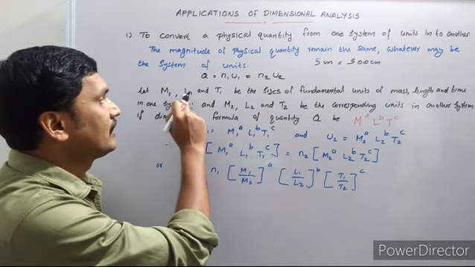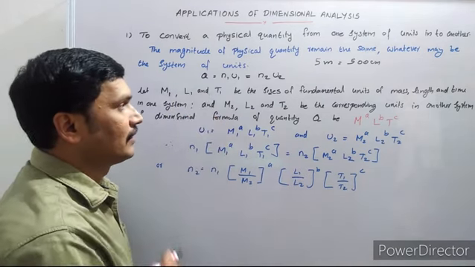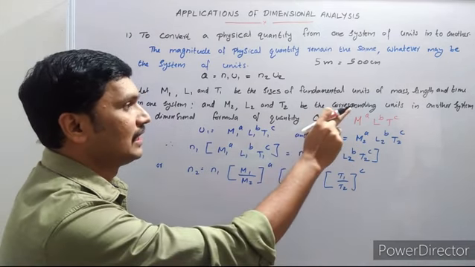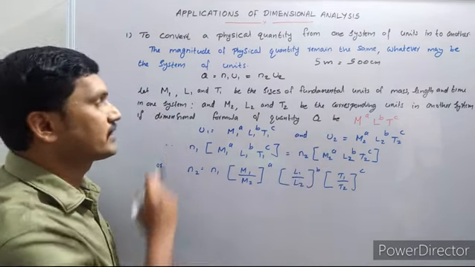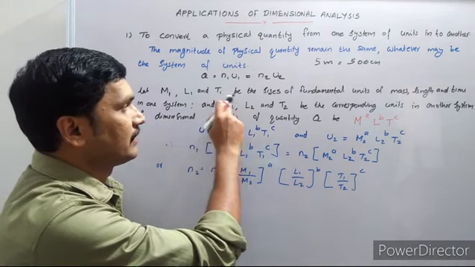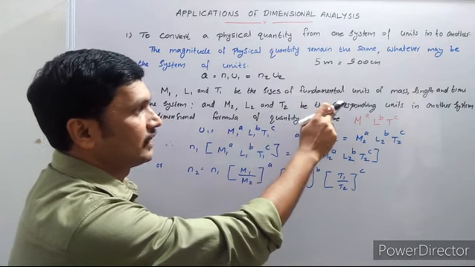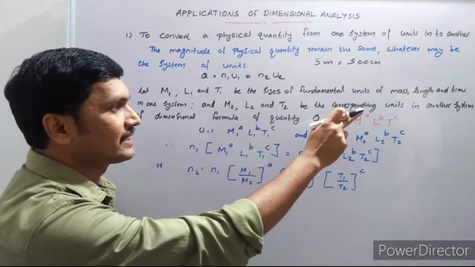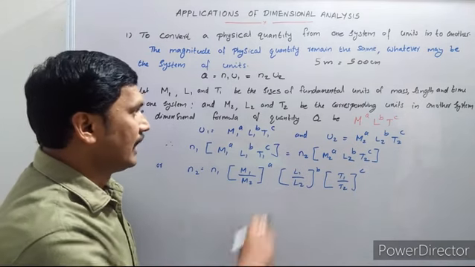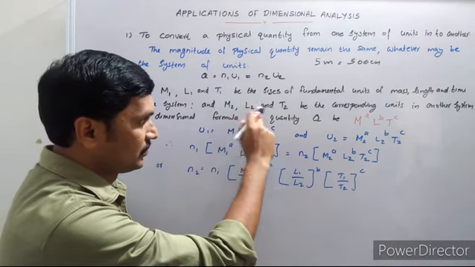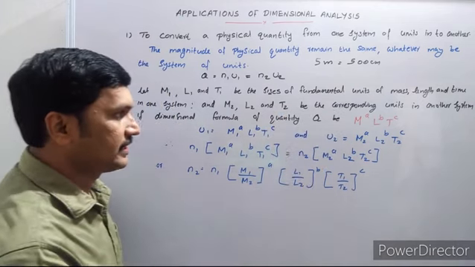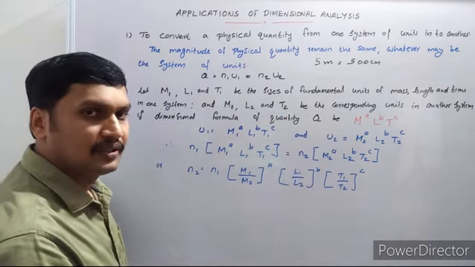Let M1, L1 and T1 be the sizes of the fundamental units of mass, length and time in one system, and M2, L2 and T2 be the corresponding units in another system.